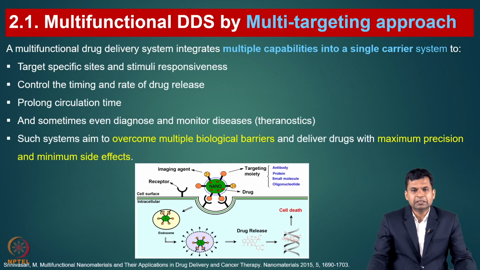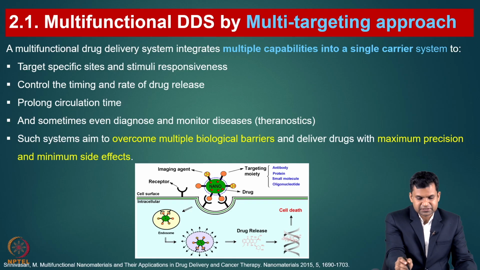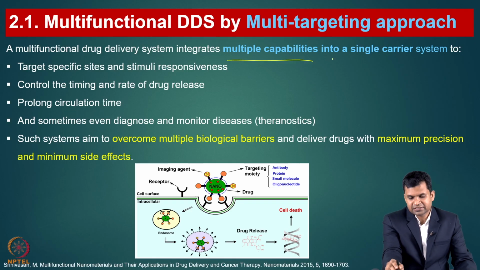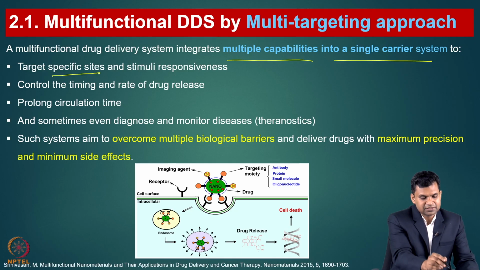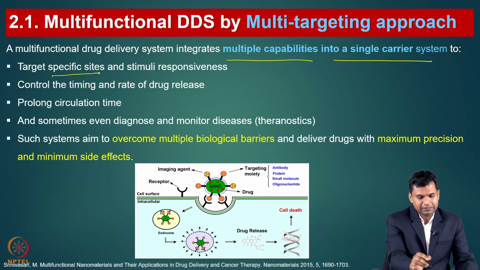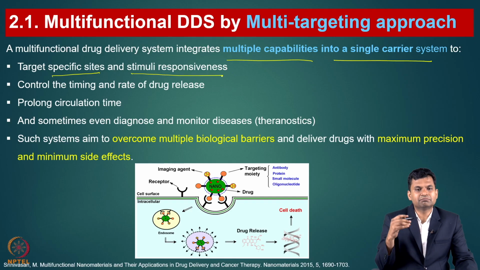So, here it contains, as we discussed, multi capabilities in a single carrier system. Now, with one system you can target the particular site, and also you can include stimuli response.